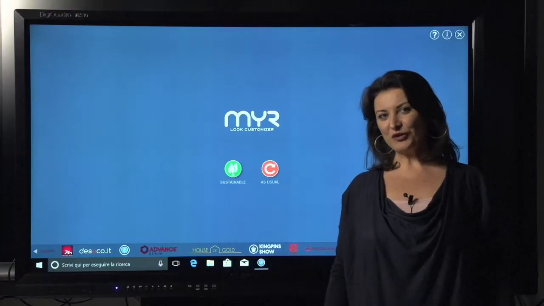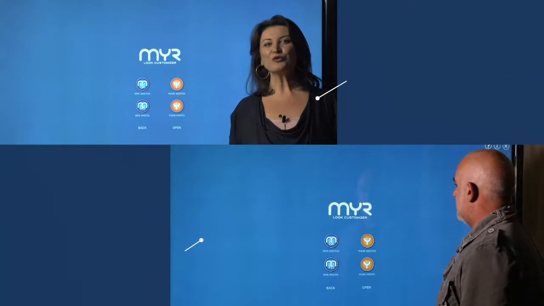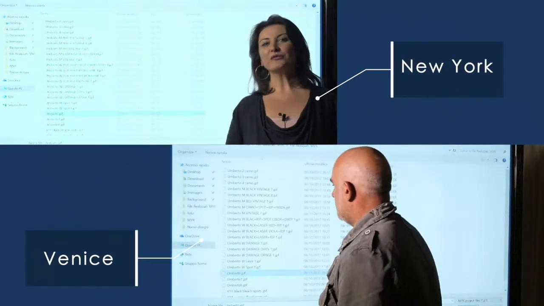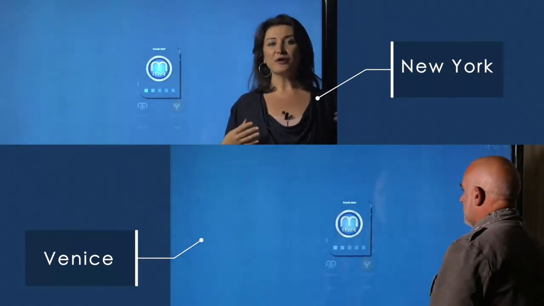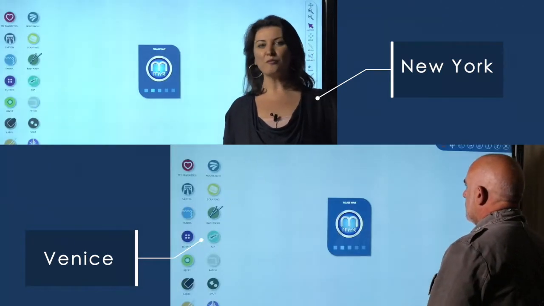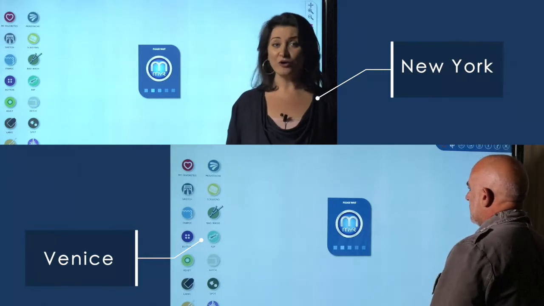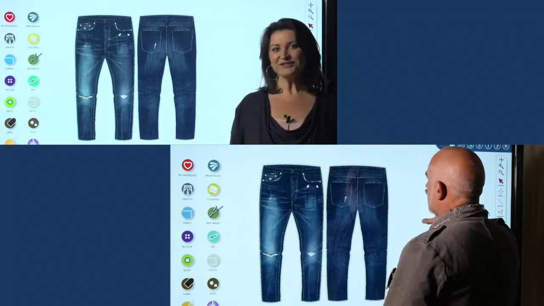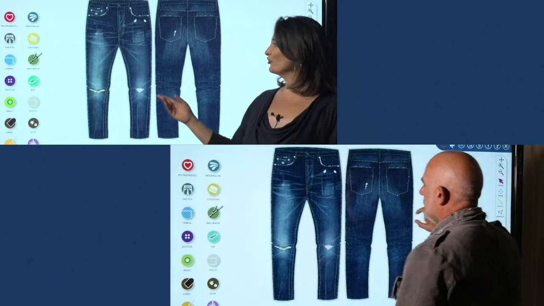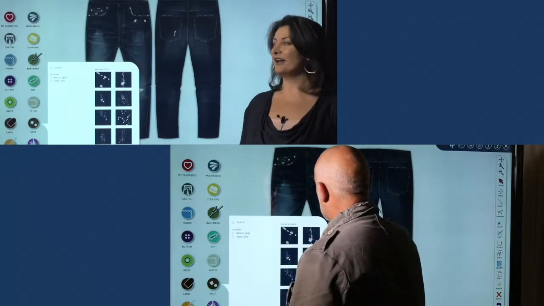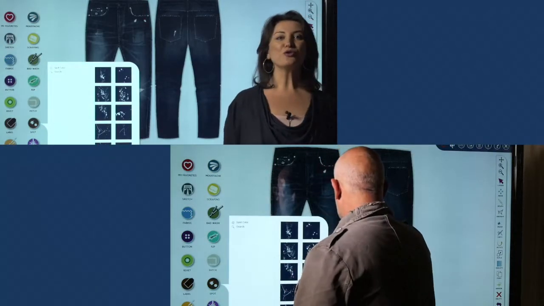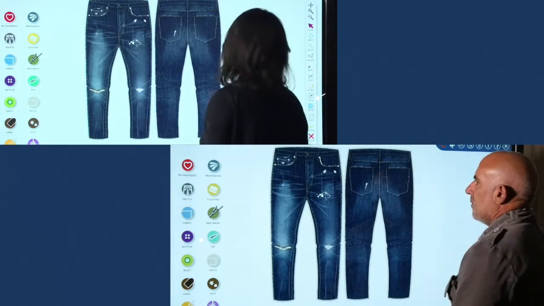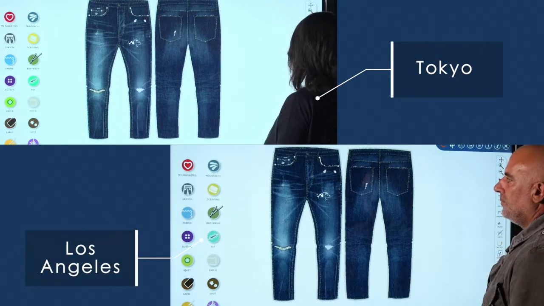Using those touchscreen monitors with MYR, is it also possible to work from a faraway distance with different facilities? We are thinking about brands that have different premises in different places, like for example, one in New York and the other one in Europe, or brands that want to interact with garment makers or laundries, showing and sharing the same file and being able to work on it together in real time and modifying things.